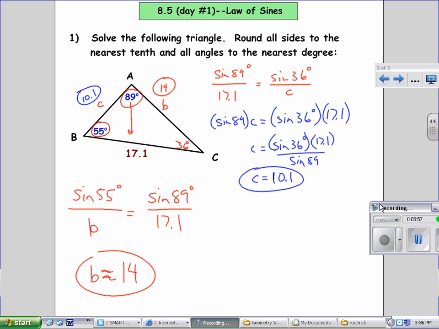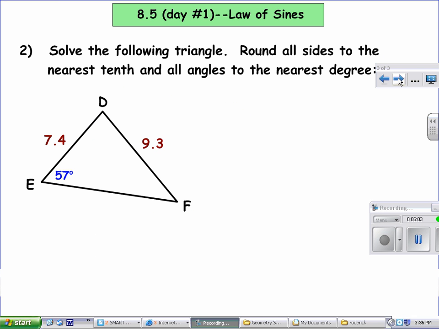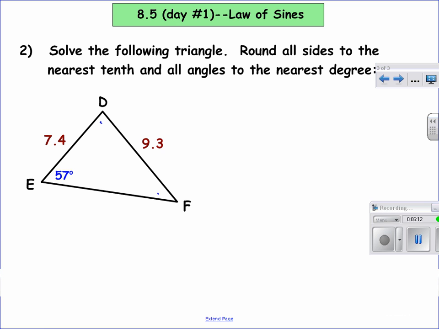Now, we've got one more skill with this, and it's basically finding the angle. Okay? So let's set up here. I want to find these two angles and this side, EF. So angle D, angle F, and the side E to F. So that's what I need. Let's just see what I got here.